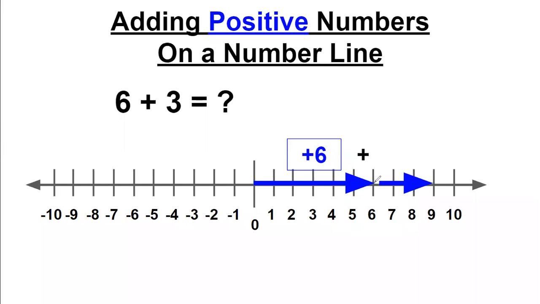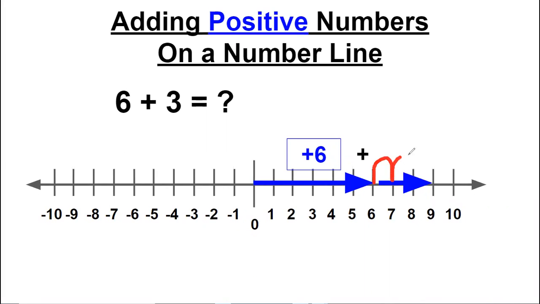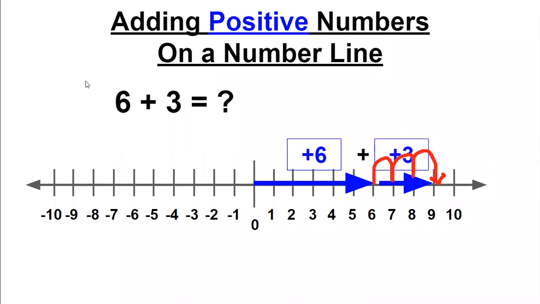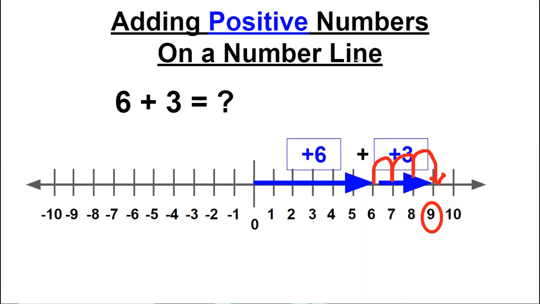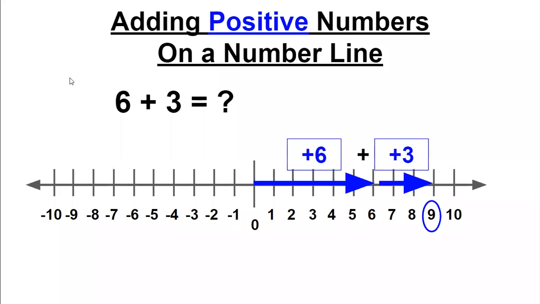We stopped at the 6, and we have to go 1, 2, 3 more units to the right to add 3 more, right? So what number are we ending on? Right there, we're ending on 9. So 6 plus 3 equals 9.